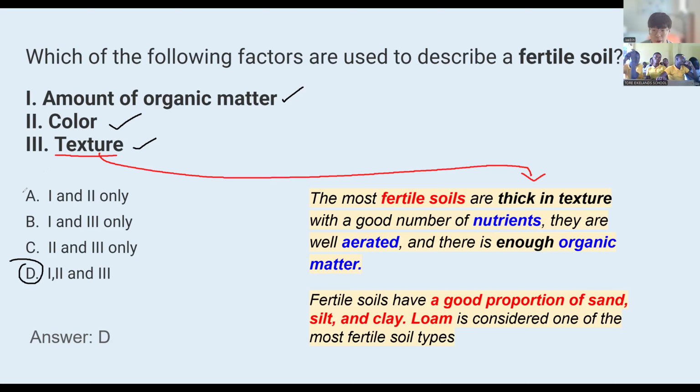And of course, the amount of organic matter is an important factor as well, because you need a large amount of organic matter to have a lot of nutrients for the plants. So all of these three properties and factors are important when describing a fertile soil. So yeah, D is the correct answer. All of them.